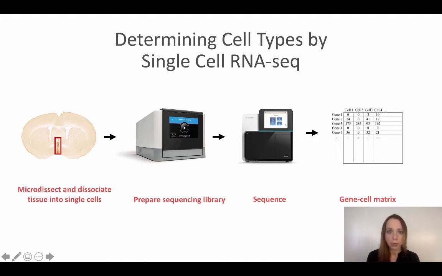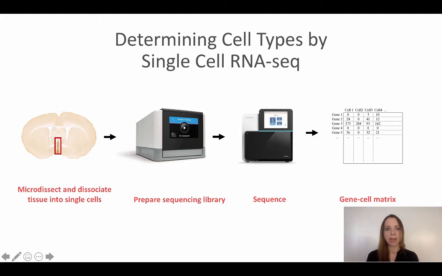And sequencing library is essentially DNA that is compatible with a sequencing machine. Next, we sequence the DNA and map the short reads back to the transcriptome. And this procedure yields a gene-cell matrix that is a starting point for our single-cell RNA-seq analysis.